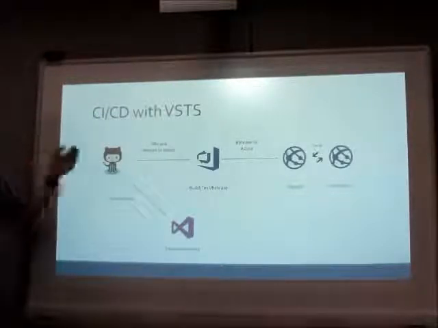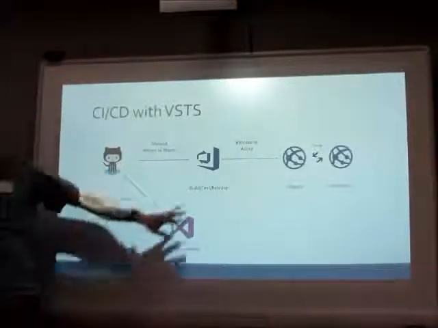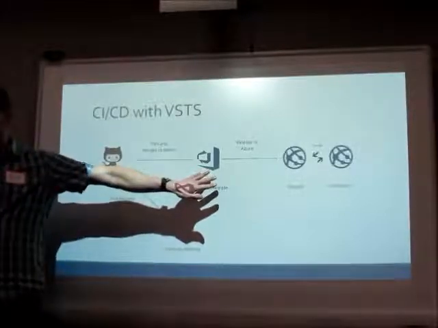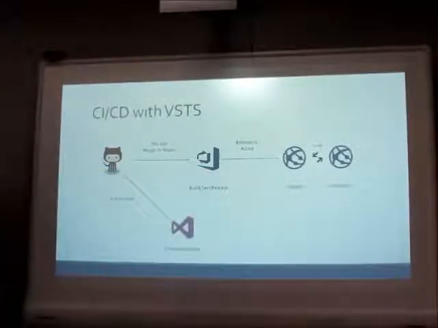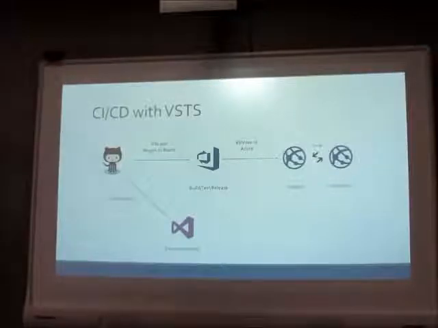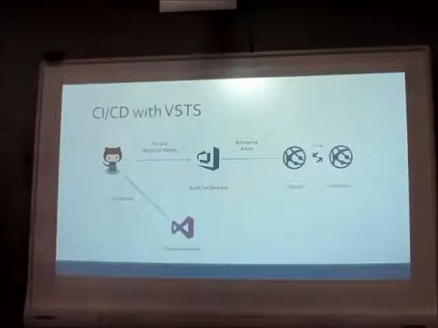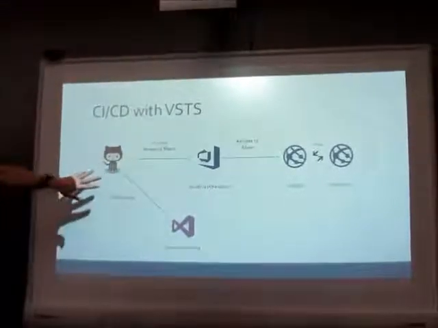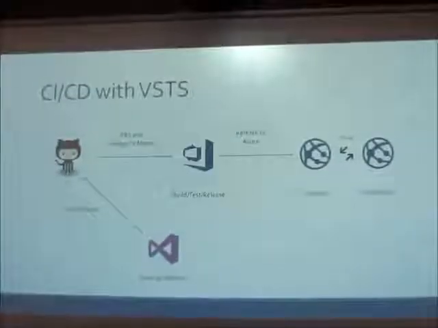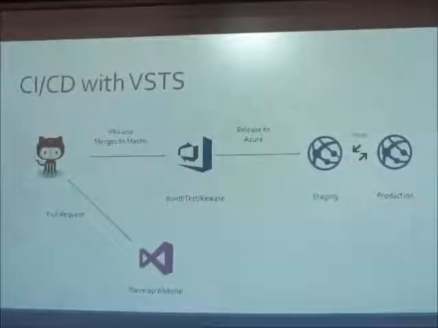So whenever your code changes, this is the symbol for VSTS, which is Visual Studio Team Services. Visual Studio Team Services is Microsoft source control, build, release. Now, the great thing about it is you don't have to buy into the whole pipeline. If you do buy into the whole pipeline, you get some great integrations and great advantages, but it will also build your GitHub project.